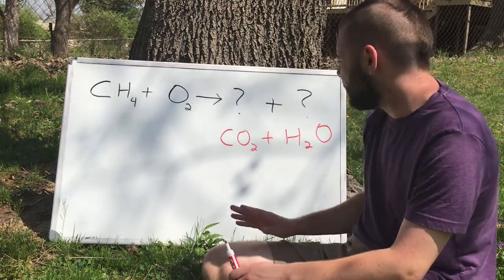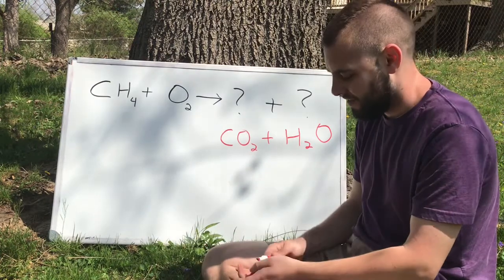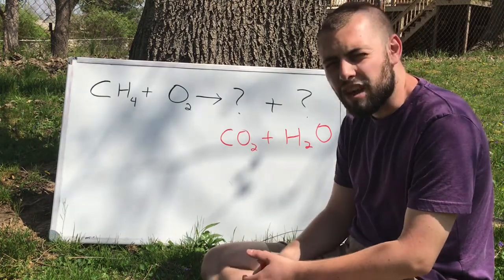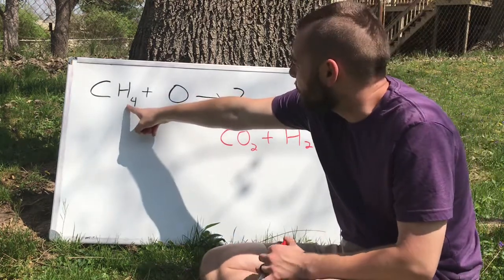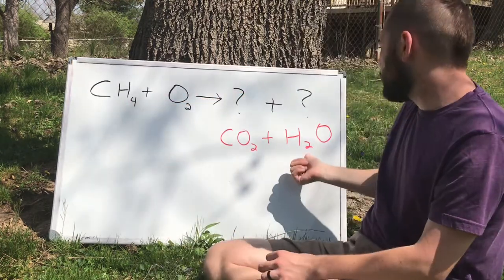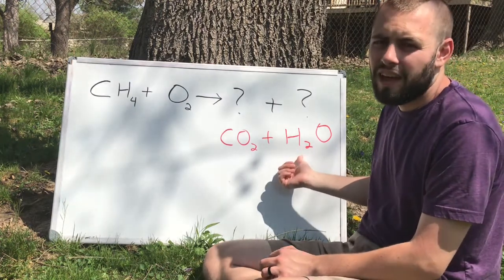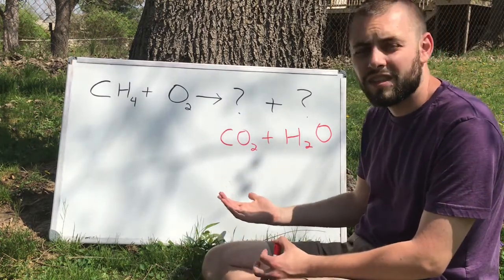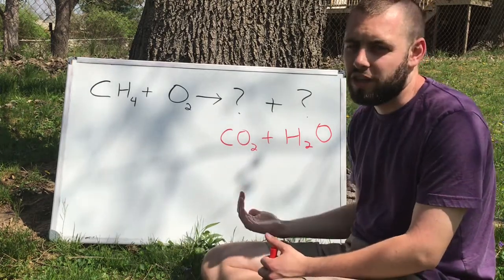Now, this reaction is not balanced yet. Remember that yesterday we talked about how to balance these reactions. Over here I've got 4 hydrogens. Over here I only have 2 hydrogens. So it's not balanced yet. I would need to give coefficients to really truly finish out this reaction and make it sound.